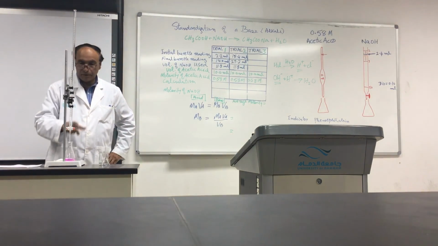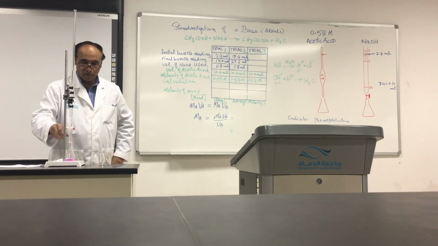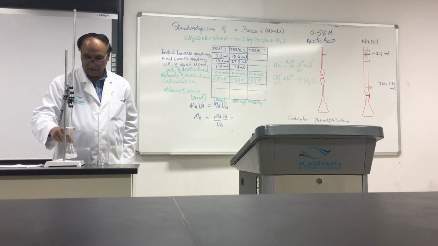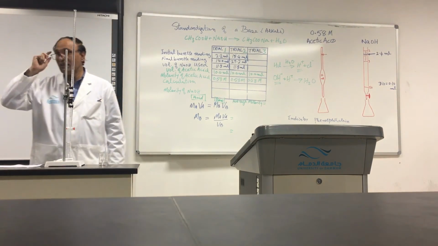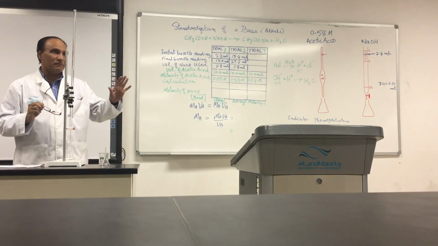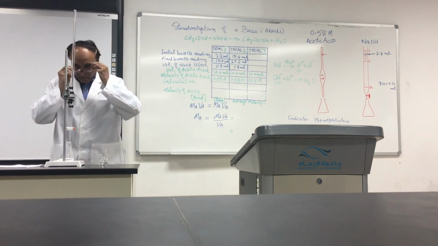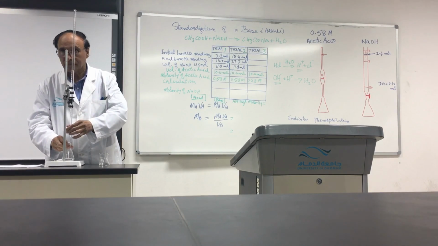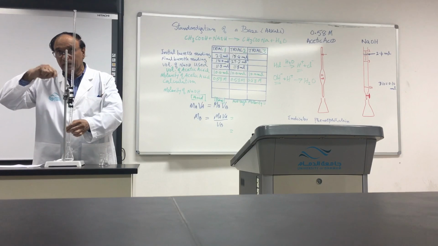I put it into that. Is it the end point? No, no. Look over it. So look, I saved a lot of time by doing the calculation. Now I am at 2 milliliters, so I will do it very slowly now.